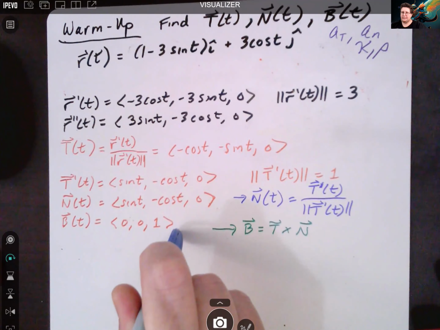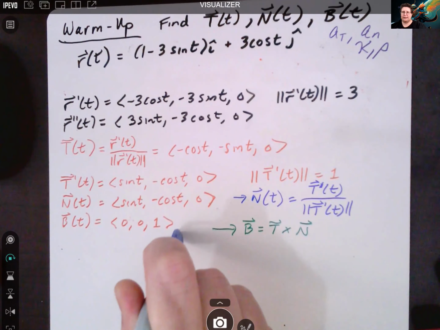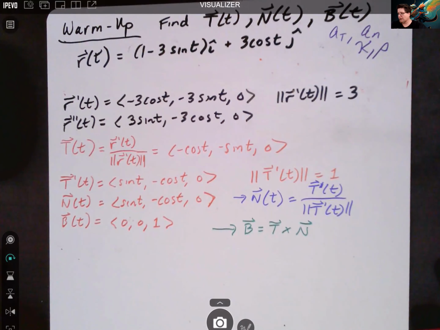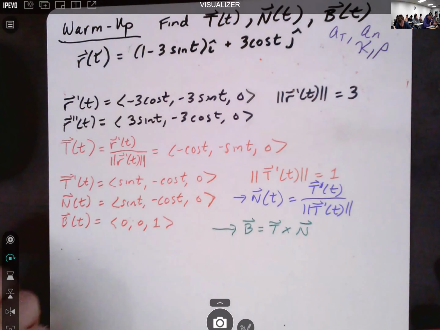And since B is a unit vector, it has to have a length of 1. So I was quickly able to jump to 0, 0, 1, but a cross product would confirm that what I have there is correct. So if we do that on a test, it's cool, right?